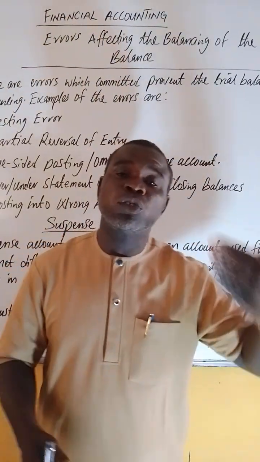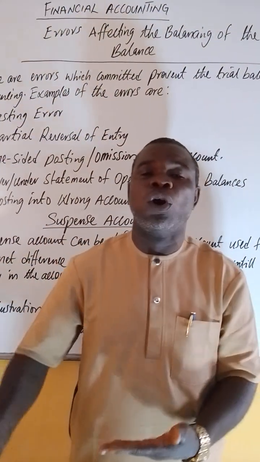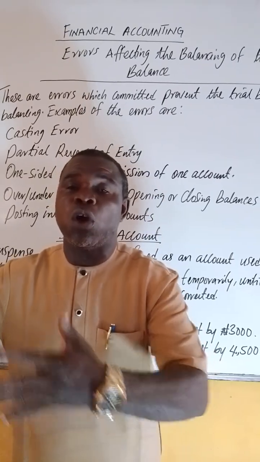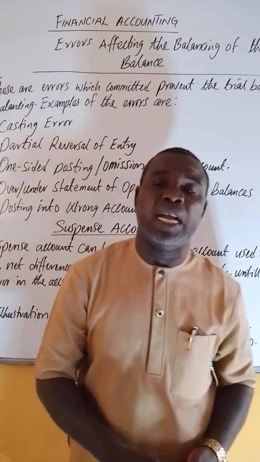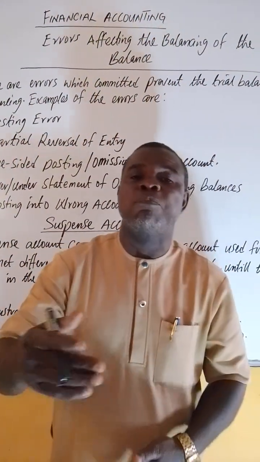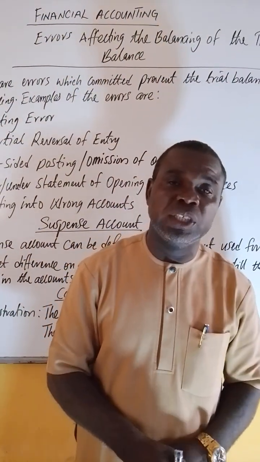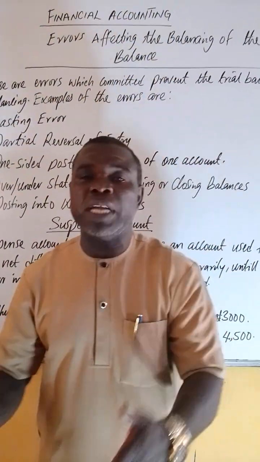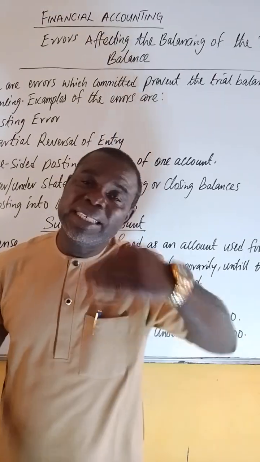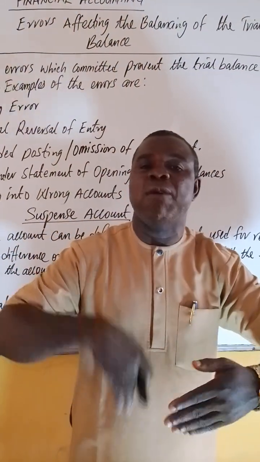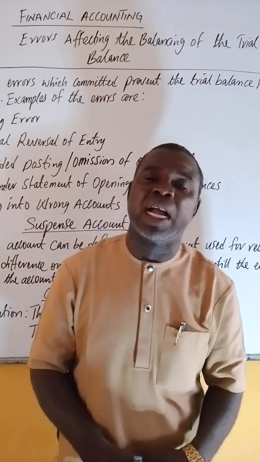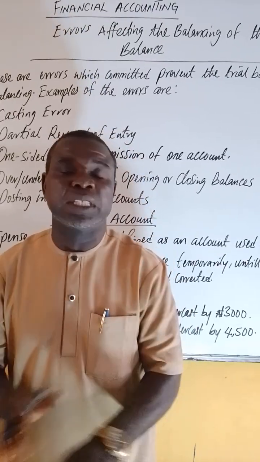For example, you're supposed to post return inward into the return inward account, and then you take return inward and post it into the return outward account. That's a total wrong posting. Or we know that all sales are posted in the sales account, and you take sales and post them into another revenue account. That is an error of wrong posting completely.